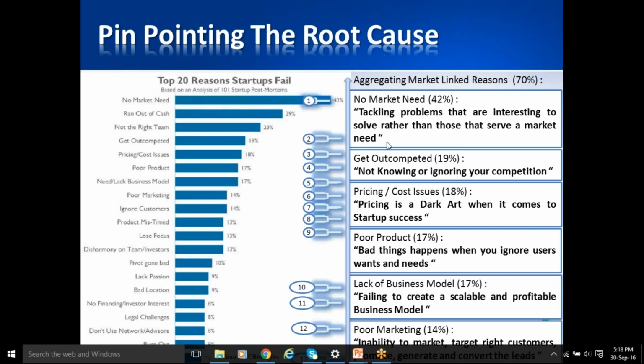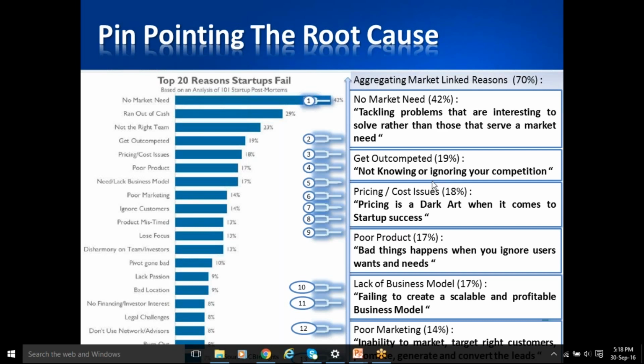So a new thing is good to have, but we also have to see whether it's going to be accepted in the market or not. So 42% is a major chunk, and then another 19 to 20% they are saying is that competition knowledge is very important.